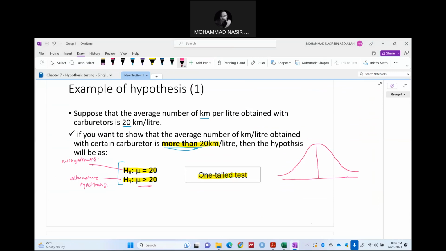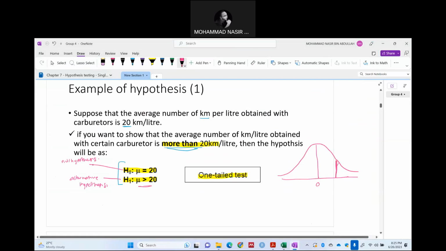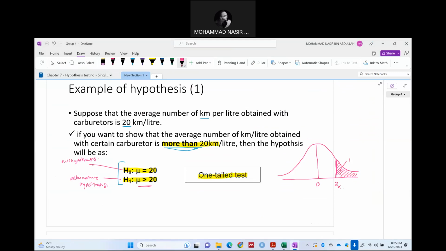In this subject and topic, we will look into the normal distribution and the T distribution. The T distribution comes from the normal distribution, so it will look like a normal distribution as well. So the rejection area will be on the right. This is Z alpha. This is the rejection region. This is the acceptance region.